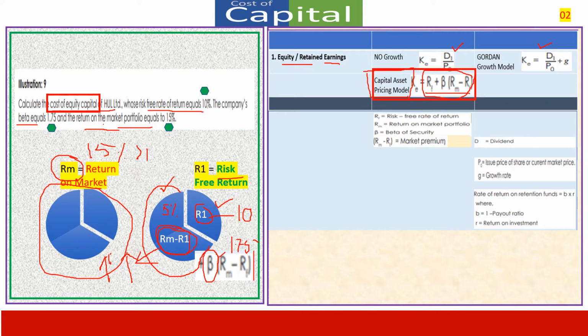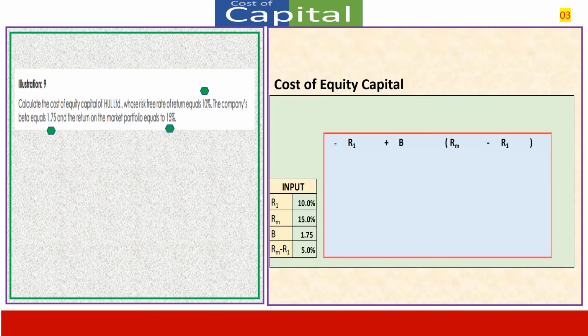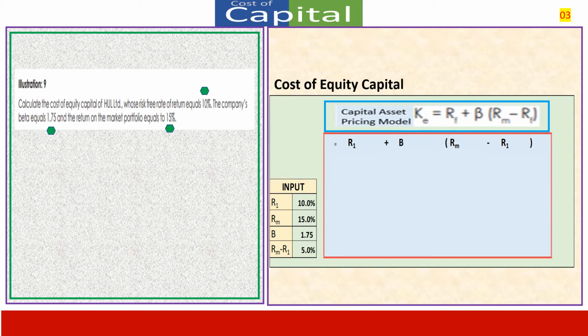We are going to use the capital asset pricing model, and what is given here is risk-free return is 10, company's beta equals 1.75, return on market portfolio, this entire circle, is equal to 15%. Means R1 is 10, beta is 1.75, 15 minus 10 is equal to 5%.